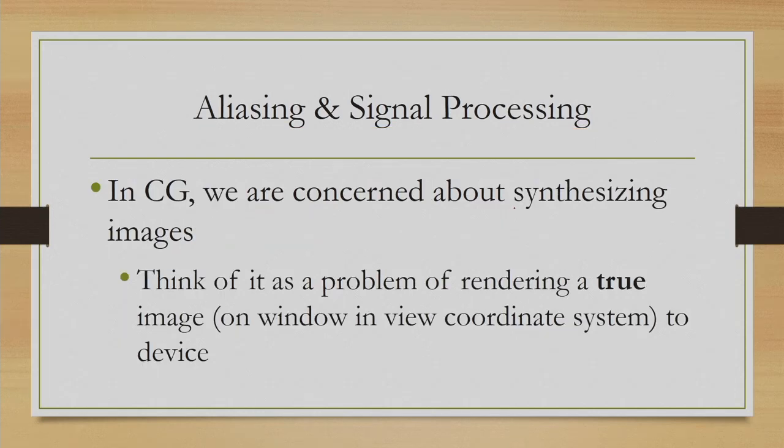We want to synthesize images. In other words, we want to render a true image. And here we have to think of it as rendering the image on the window in the view coordinate system or the 2D view coordinate system.